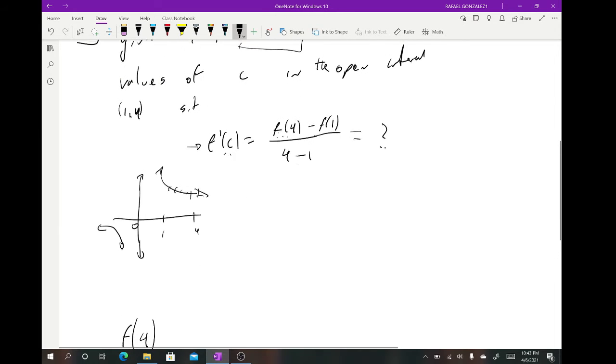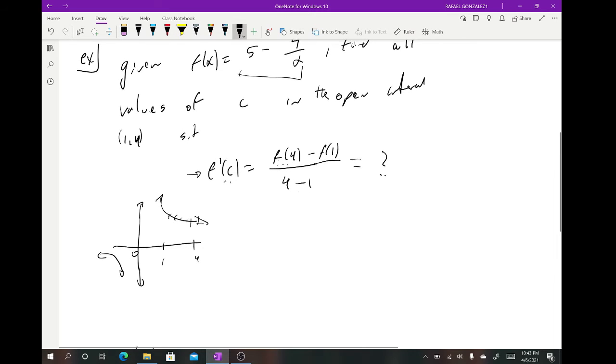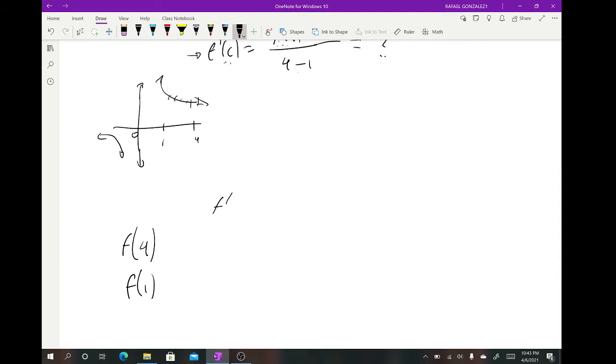So anyway, f of x is equal to 5 minus 4 over x. So when we evaluate at 4, we have 5 minus 4 over 4, which is 5 minus 1. Last time I checked, 5 minus 1 is 4.